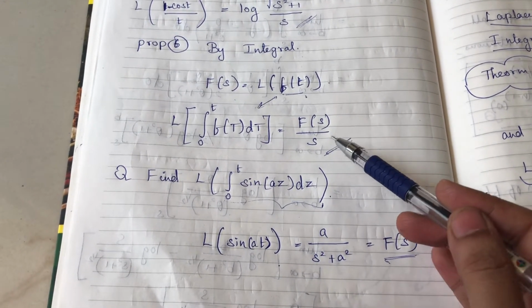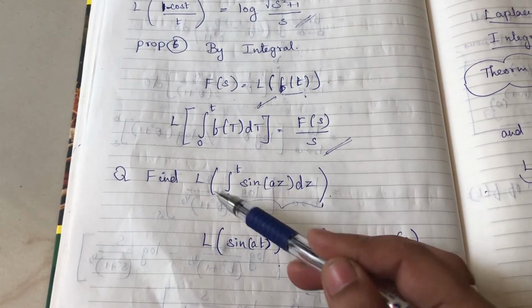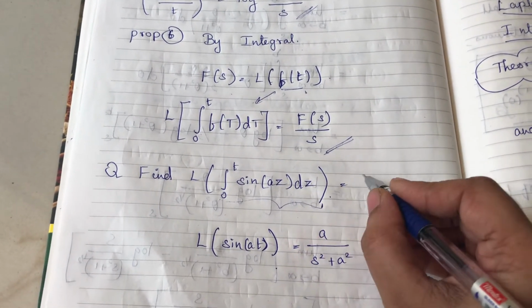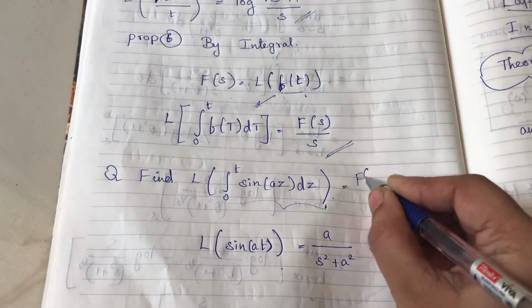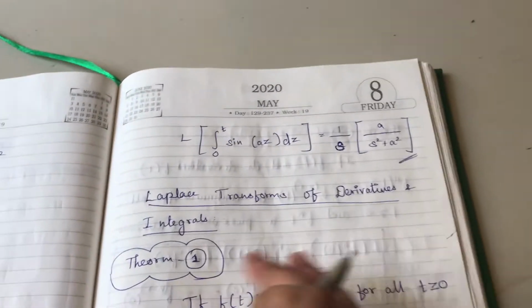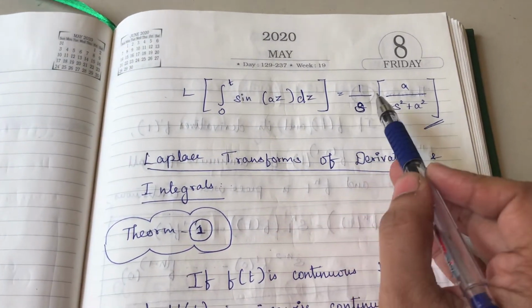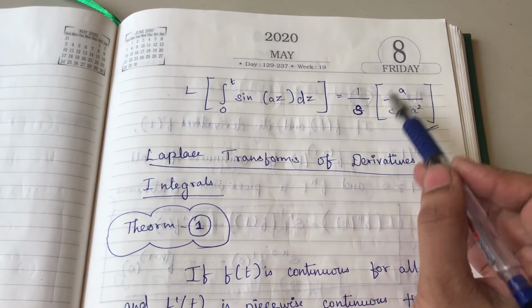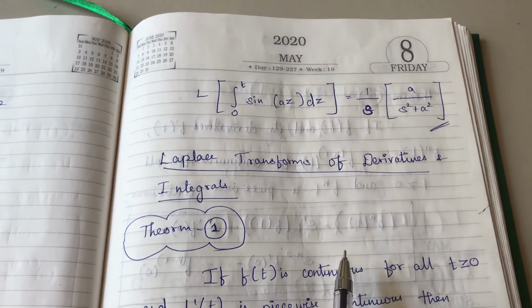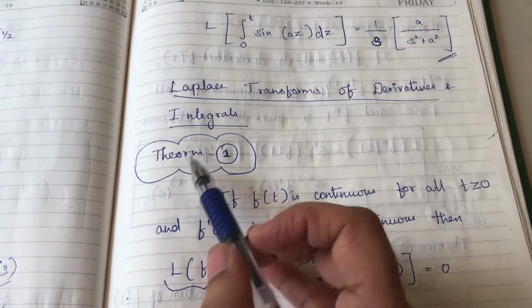So, f of s by s will be in this form. So, for this integration, I will write it as f of s by s, right? So, I can write this form as 1 by s of the f of s, right? So, this is the answer. So, it's dead easy and so simple.